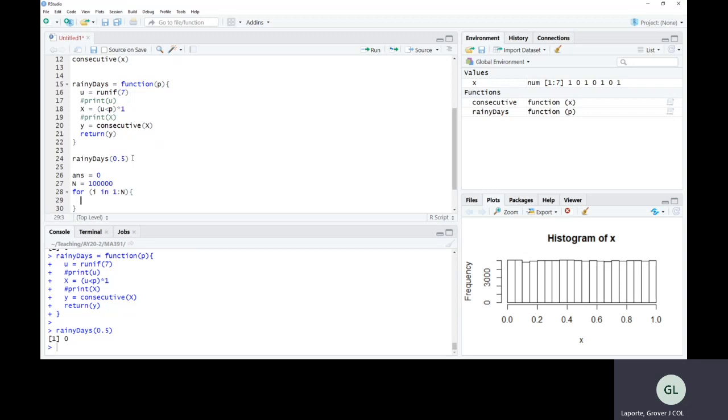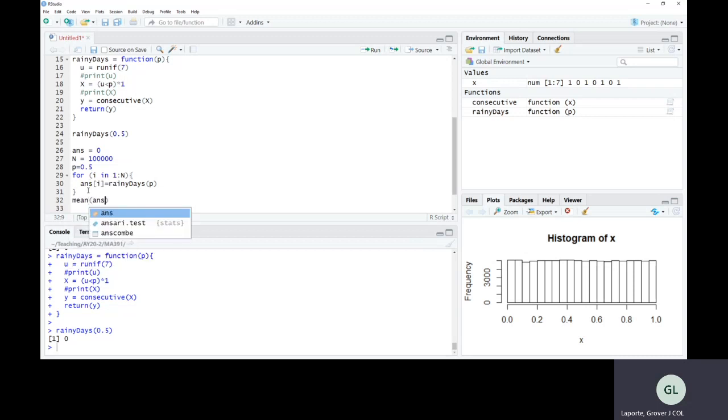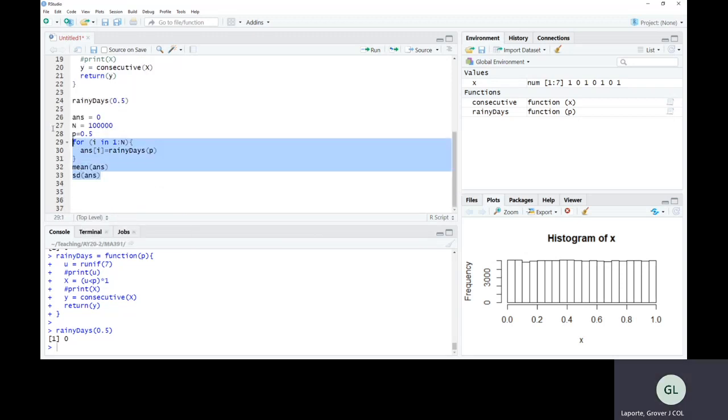We will get answer i equal to rainy days of p, where we set p. All right, I believe we are sitting where we want to sit, and we want to do maybe mean of answer and then standard deviation. All right, let's find out what happens.